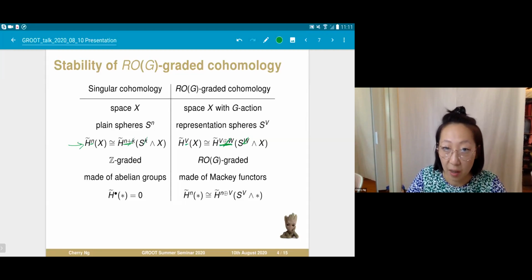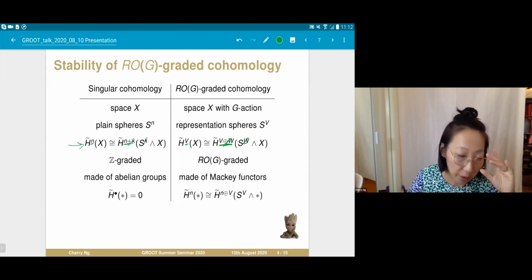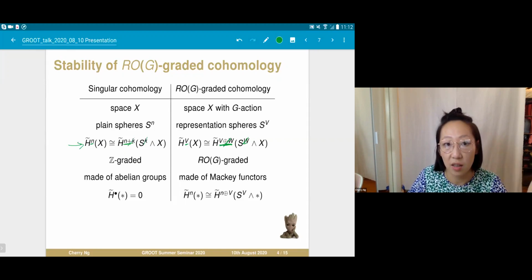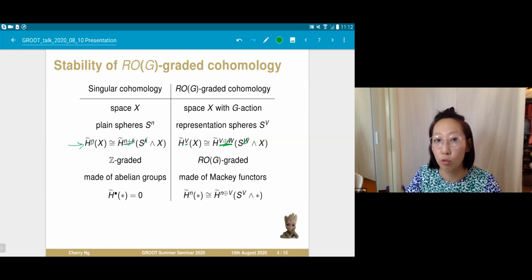Another important difference, which I'm going to use later, that's why I'm mentioning these two facts now, and which has nothing to do with the stability that we've been discussing, is that singular cohomology is made of abelian groups. When you compute singular cohomology, you get a bunch of abelian groups. RO(G)-graded cohomology, because the group that you're using for the action has subgroup structure, instead of just getting one abelian group, you get a diagram of abelian groups.